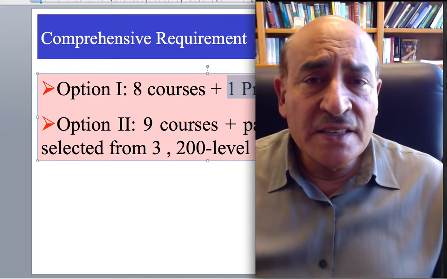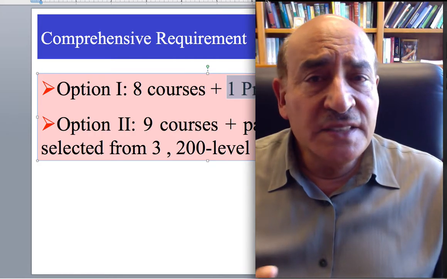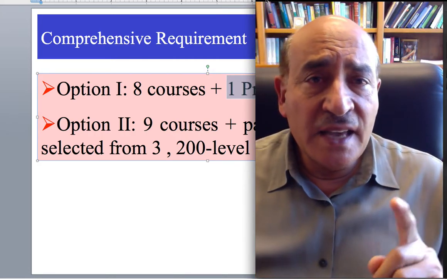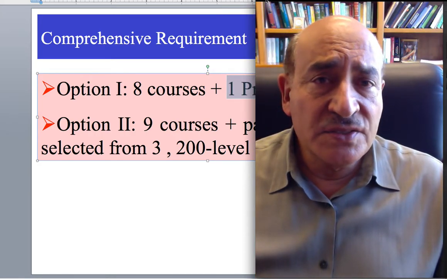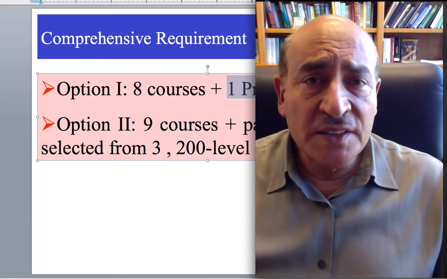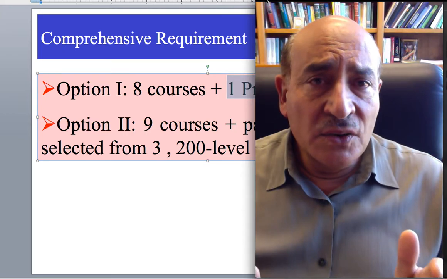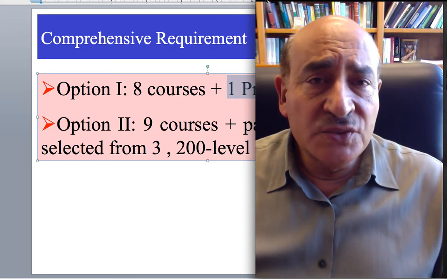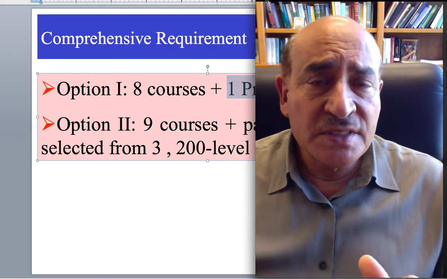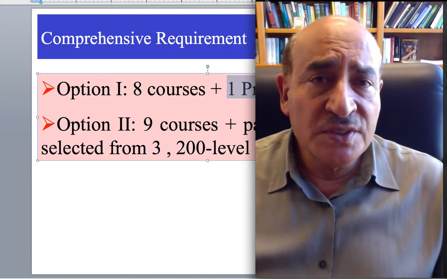Another way is to still take 9 courses, and then you ask 3 professors who taught these 9 courses, only the ones at the 200 level, the graduate level courses. Let's say you took 6 courses at the 200 level.